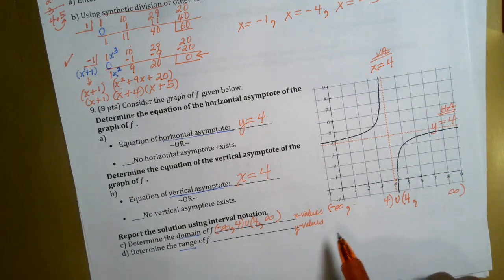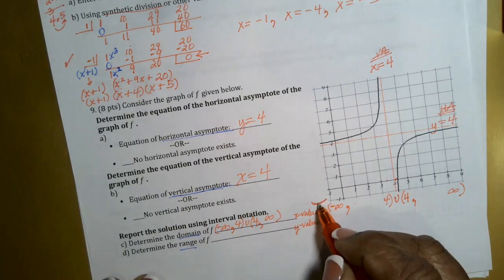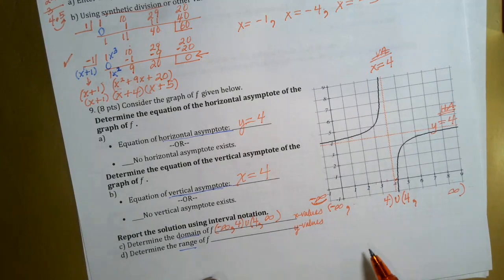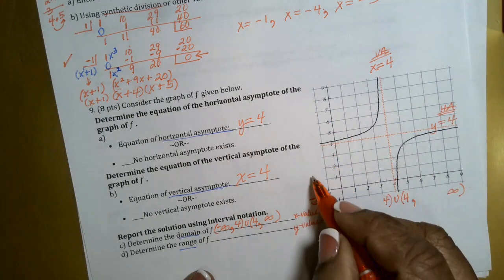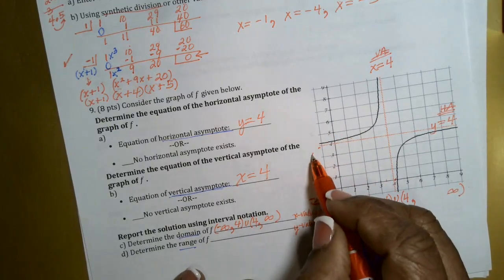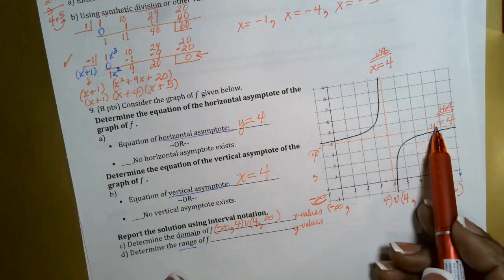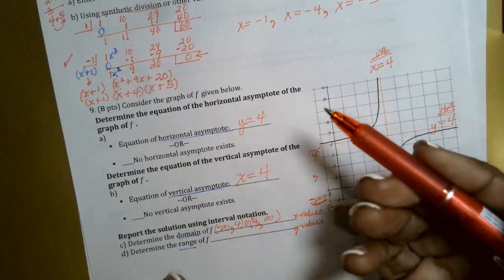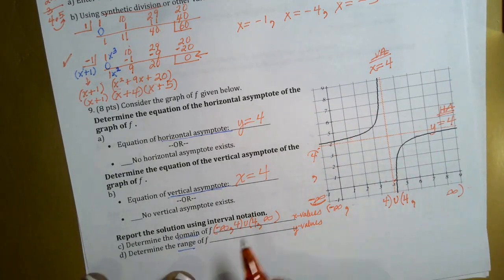Likewise, we're going to start down here at the bottom of the y-axis at -infinity, and we're going to travel until we get up to this y value of 4, but not including 4. There is no matching value on the graph.